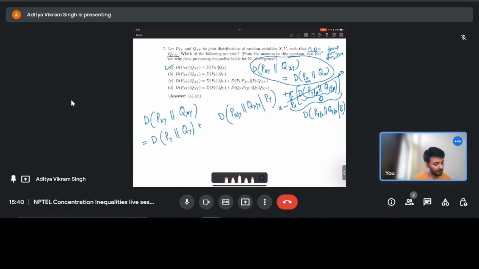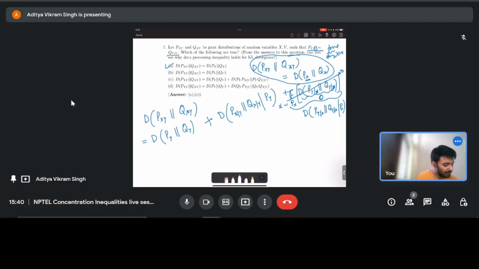And this can also be seen as the KL divergence between P_Y P_{X|Y} and P_Y Q_{X|Y}.